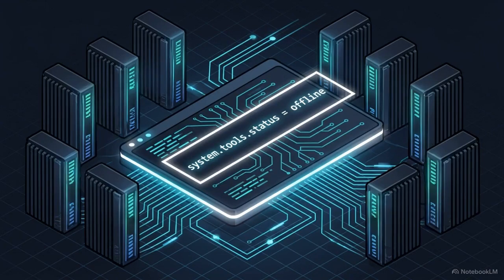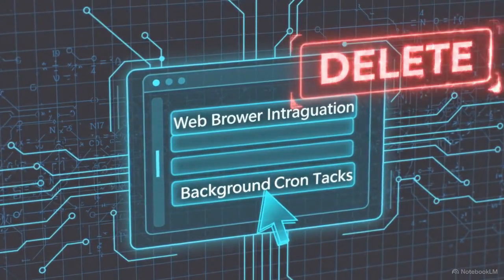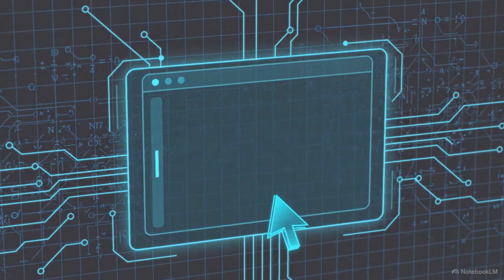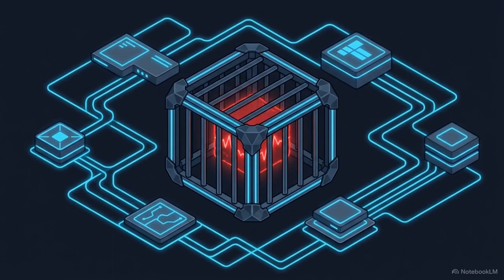In OpenClaw, you can aggressively strip the agent of its capabilities using a configuration flag called compat.supportsTools false. This cuts off access to heavyweight default tools, preventing the agent from opening web browsers or scheduling background cron tasks. By stripping away those external tools, you ensure that even if the agent's logic is temporarily hijacked by a web page, it has no weapons to wield against your system.